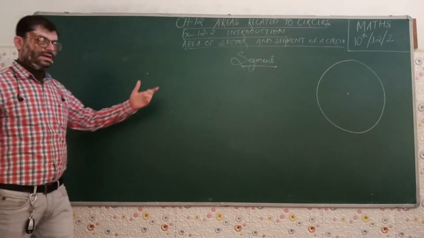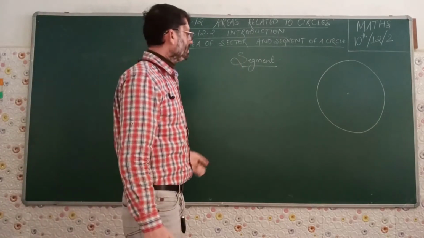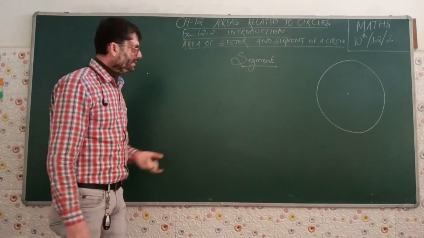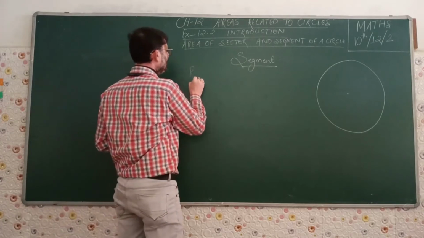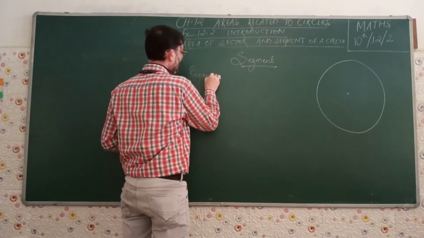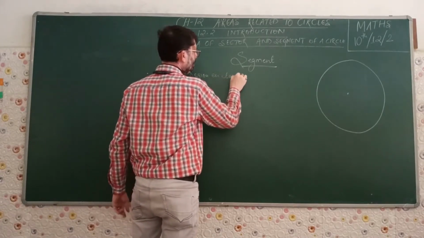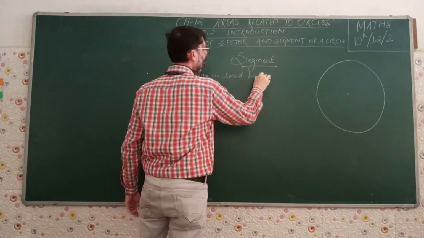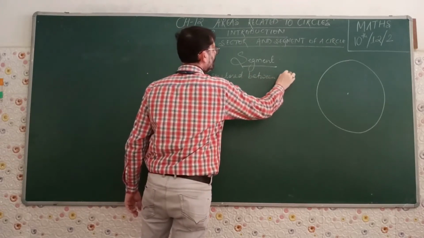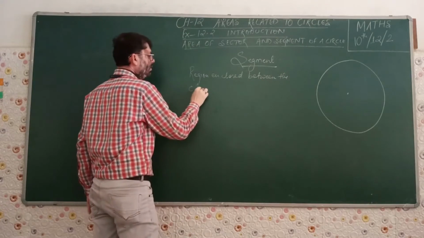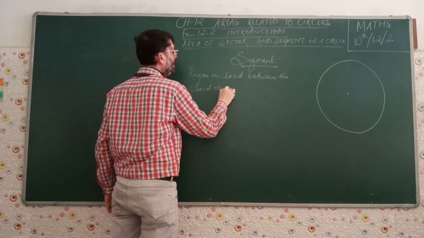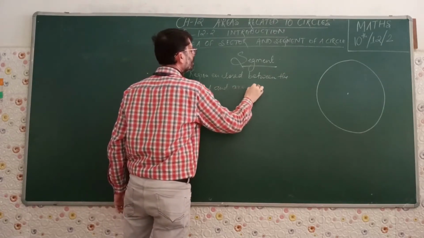Now let's move to the segment of the circle. What is a segment? It is the region enclosed between the chord and arc of the circle.